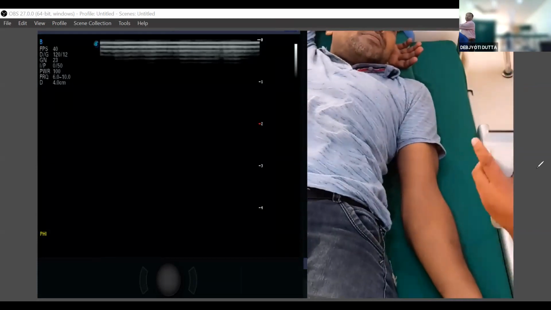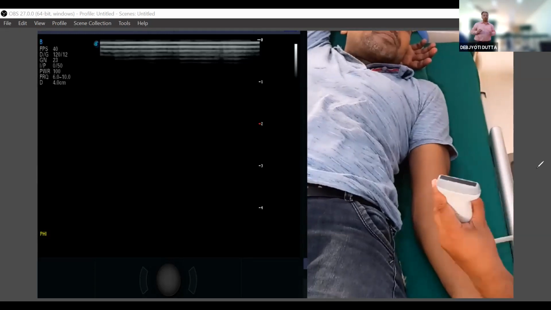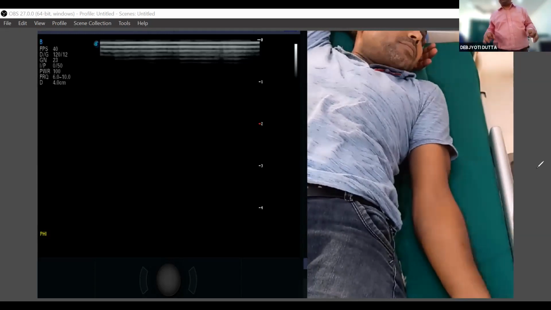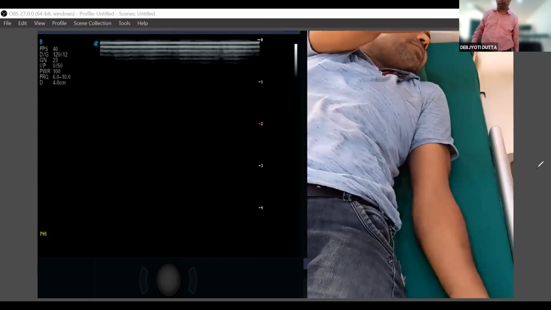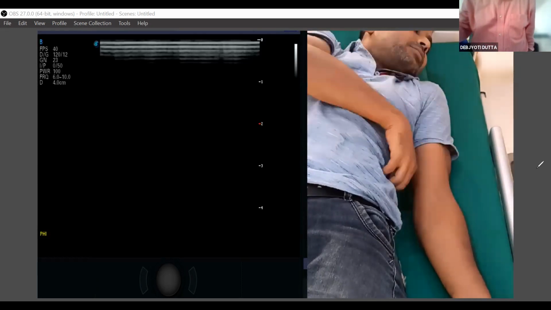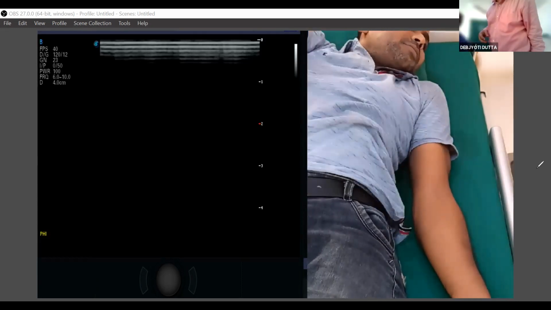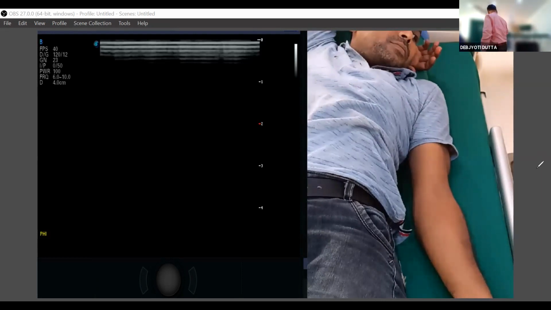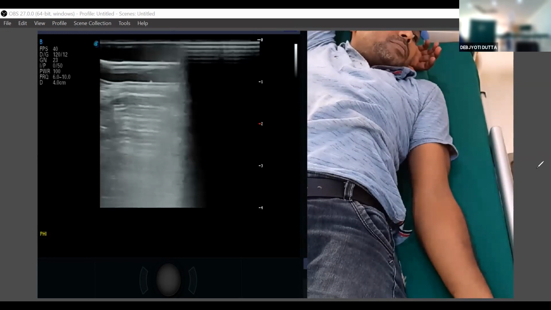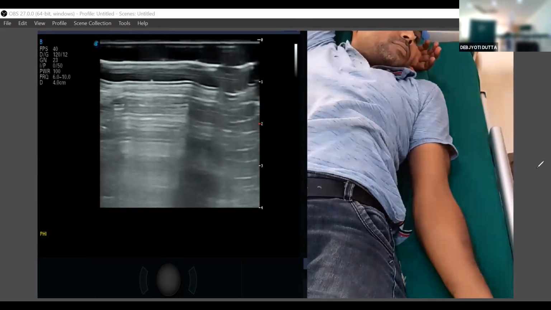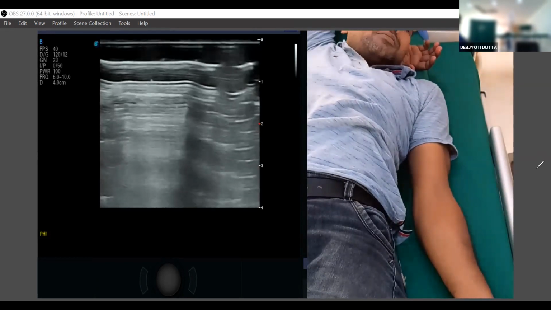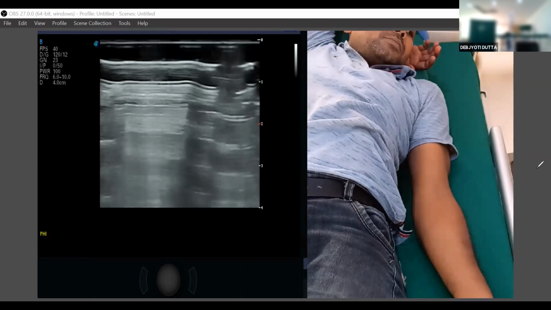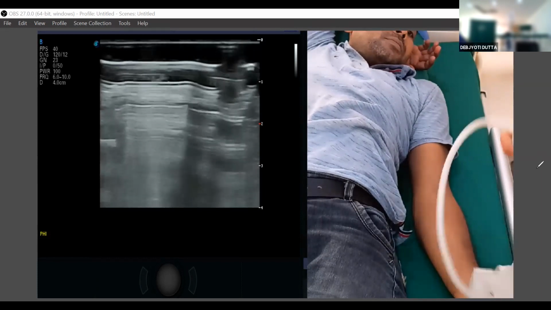So today first we are taking this probe, that is the linear probe, and we are putting the jelly now. How to start?